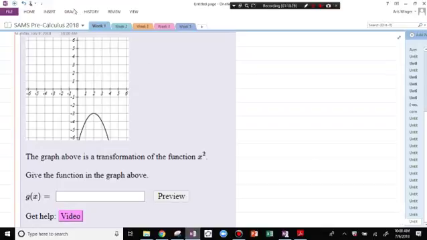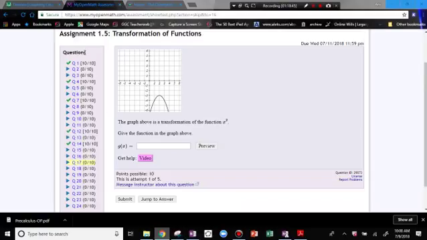Here's f of x. f of x is x squared. So we know what x squared looks like. So we're going to do something very similar to what we did to the absolute value, right?